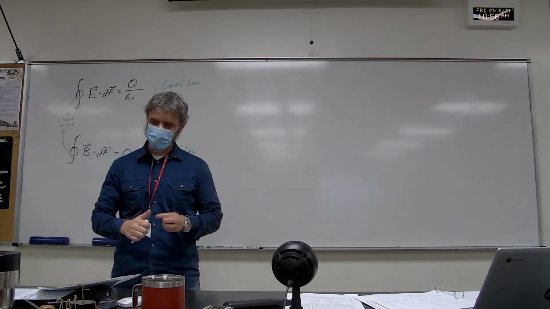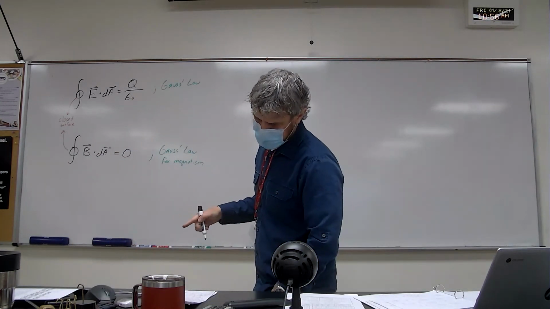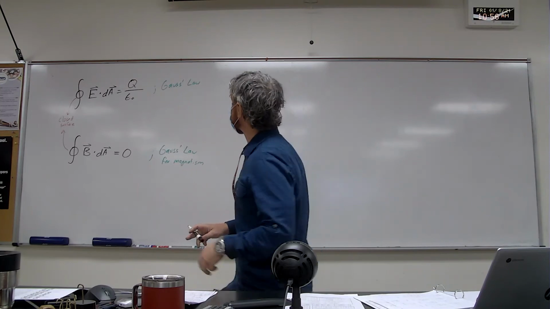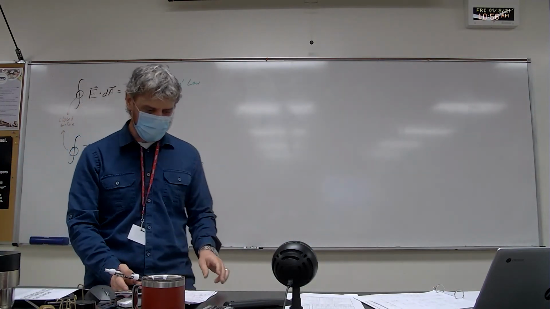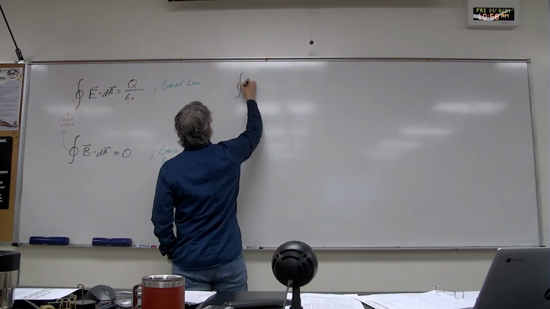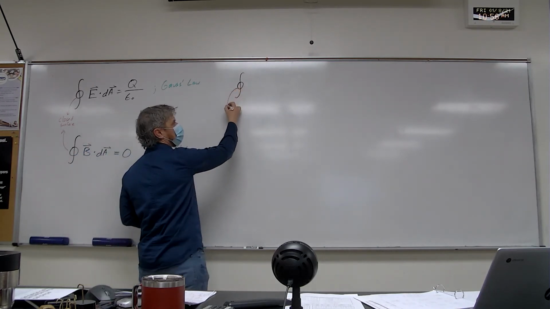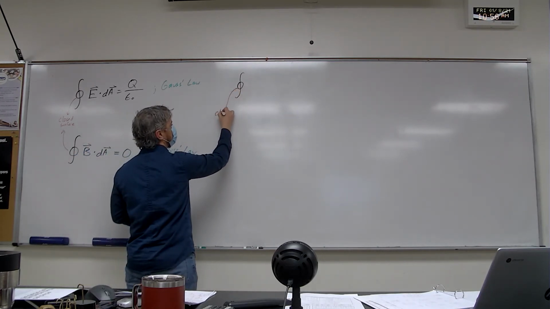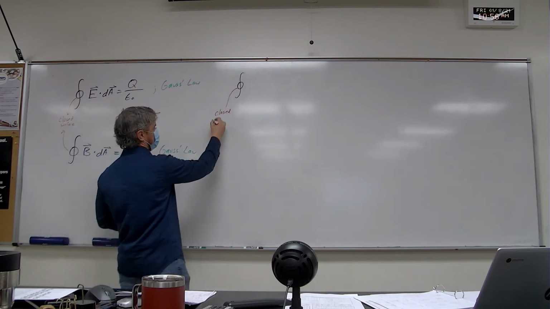The third Maxwell equation on the formula sheet is Ampere's law, where we have another closed thingy, but this is a closed loop. Now we're talking electric circuits. This is like a closed electrically conductive loop of wire.